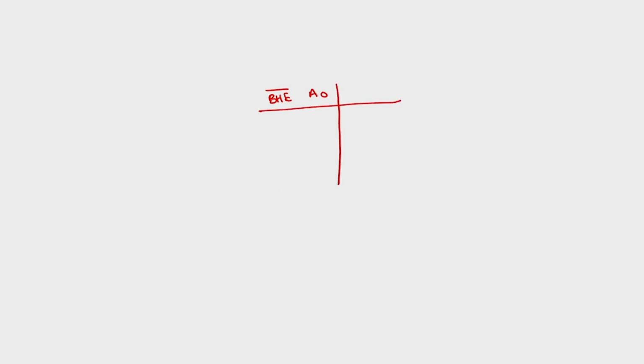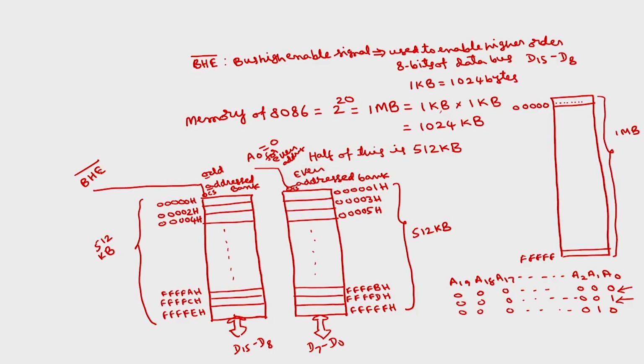And what is the type of memory operation? If both are zeros, what happens? This is also 0, this chip select bar is 0, meaning this chip will be selected, this chip also will be selected, this will give 8-bit information, this will give 8-bit information. At a time we can read 2 bytes, which is called one word.